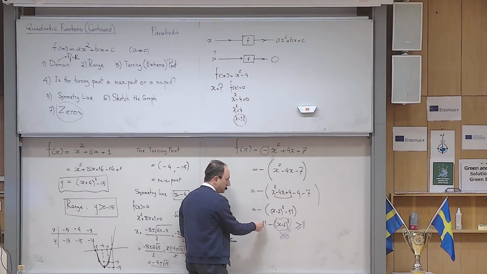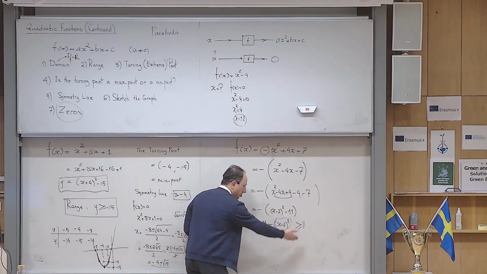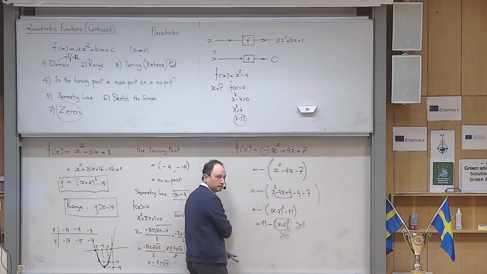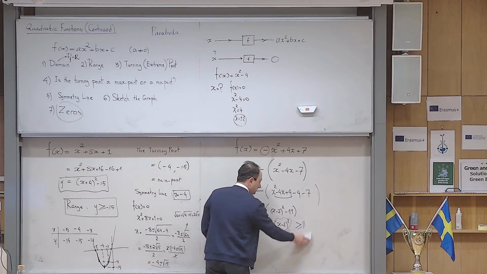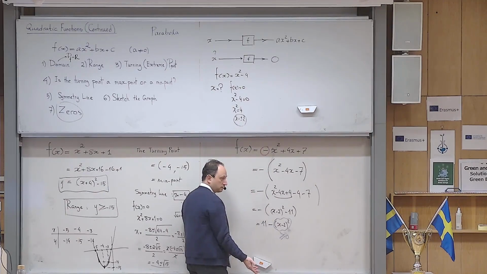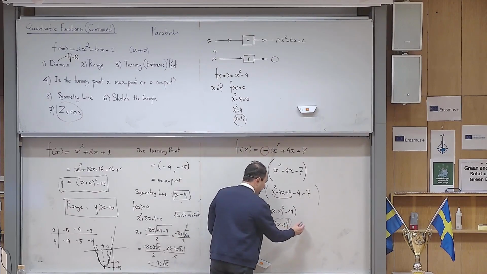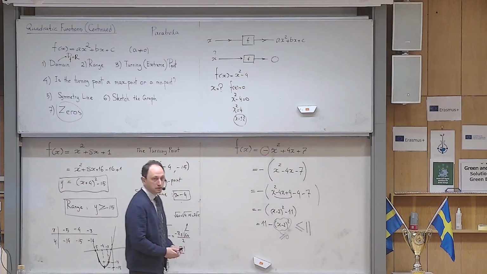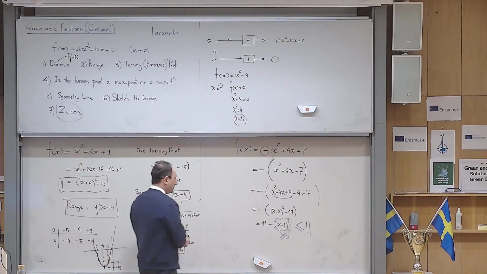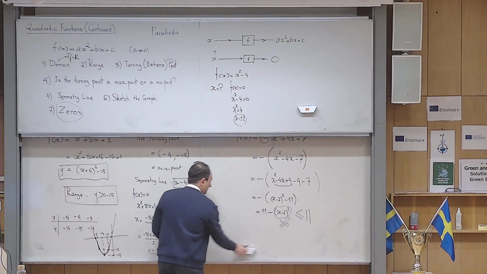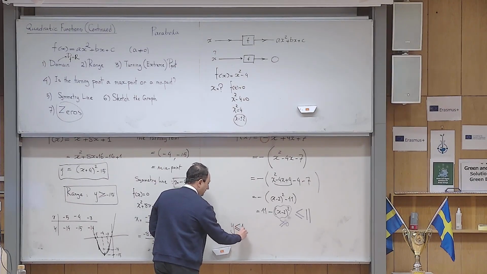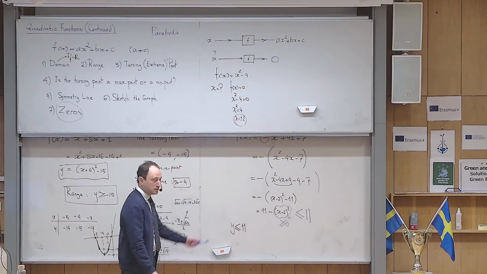I am writing 11 minus a positive number. 11 minus a positive number cannot be bigger than 11, but it can be what? Smaller than 11. Yes? Well, that's the reason. So here, the y value is less than or equal to 11. This is the range.